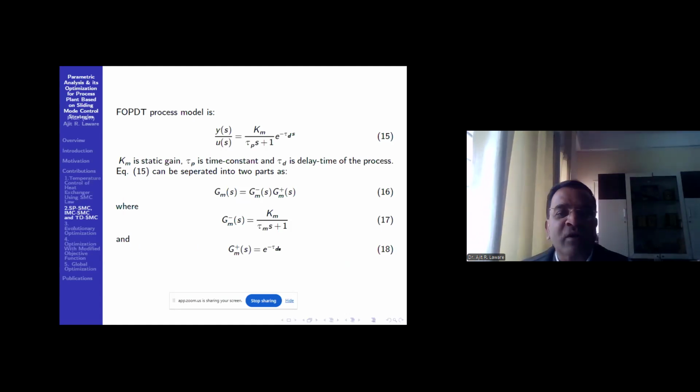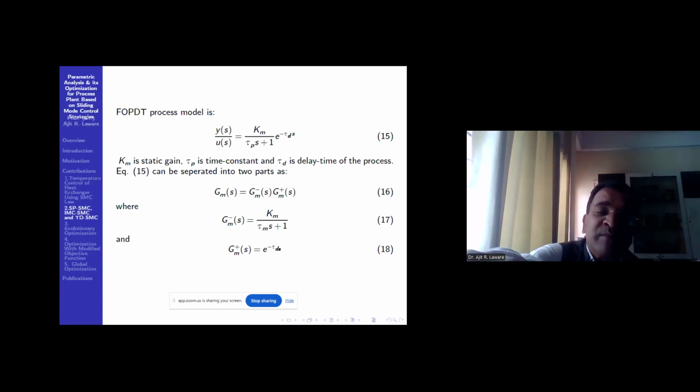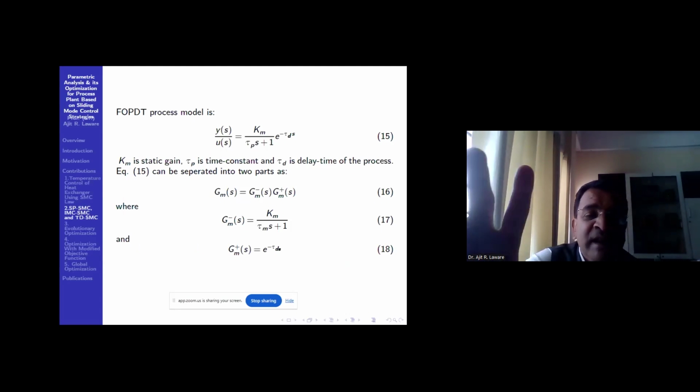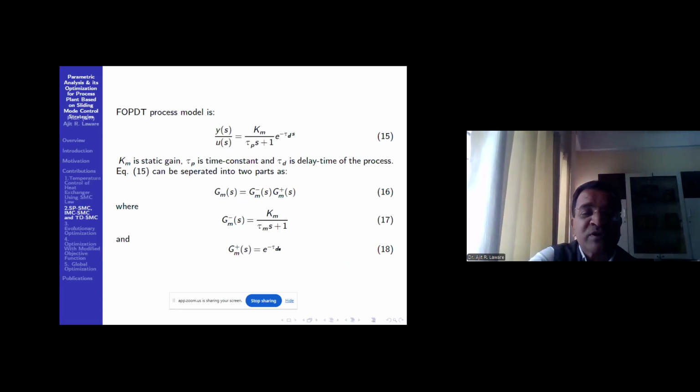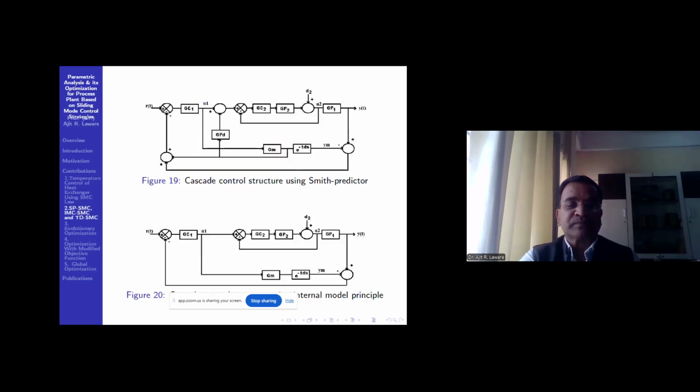The FOPDT model of the process, the general representation, is Km divided by (tau P s plus 1) times e raised to the power of minus tau D s, where Km is the static gain, tau P is the time constant, and tau D is the delay time. It has been decomposed into Gm minus and Gm plus, where Gm minus is the invertible part and Gm plus is the non-invertible part.